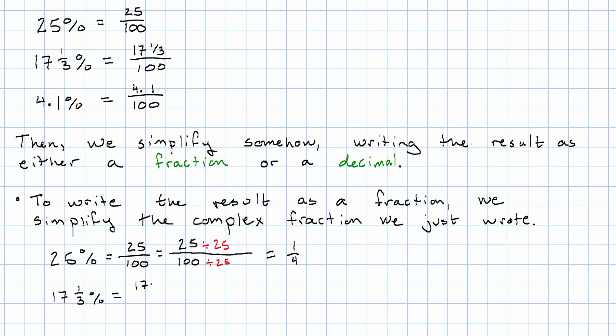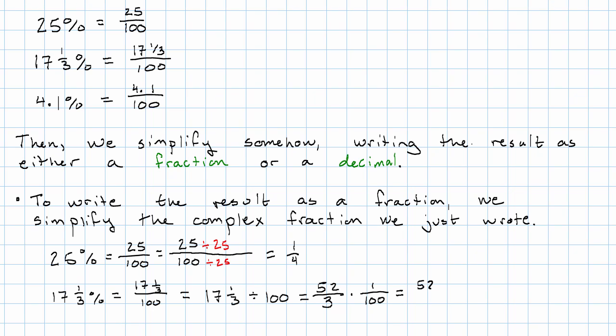17 1/3%, that's 17 1/3 hundredths. In order to simplify this, since I have a fraction in the numerator, I need to do this division. 17 times 3 is 51, plus 1 is 52. You may use a calculator for that arithmetic if you so desire. Times the reciprocal of 100 is 1/100th.